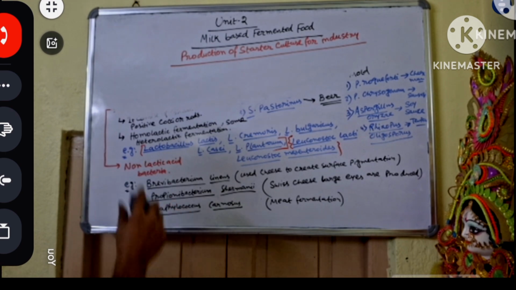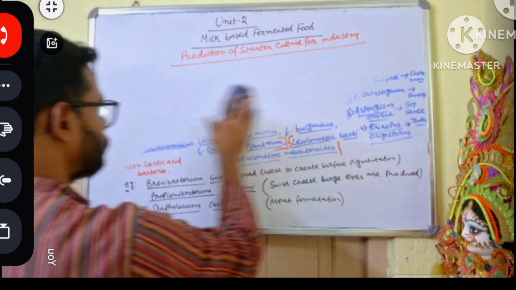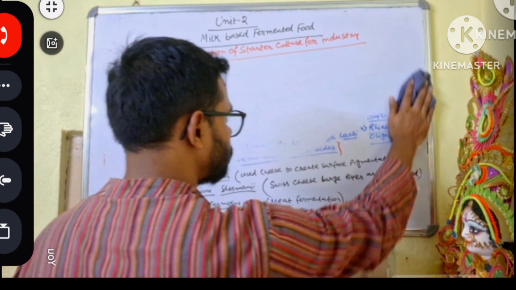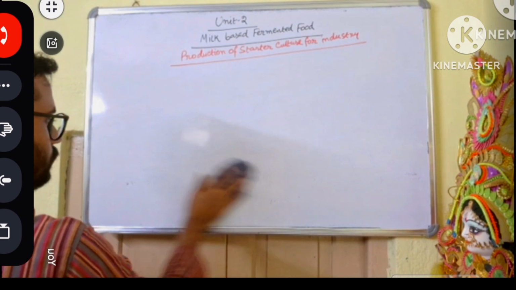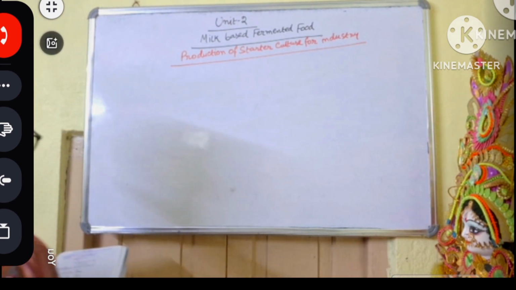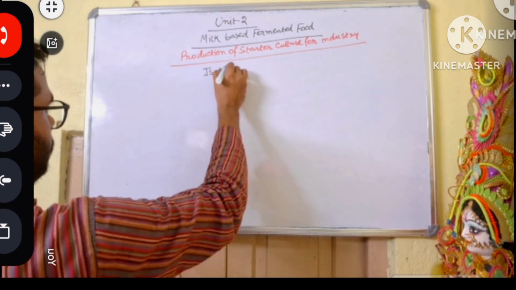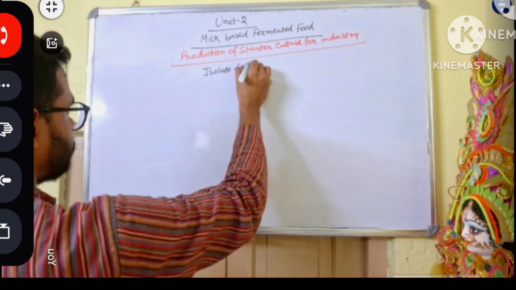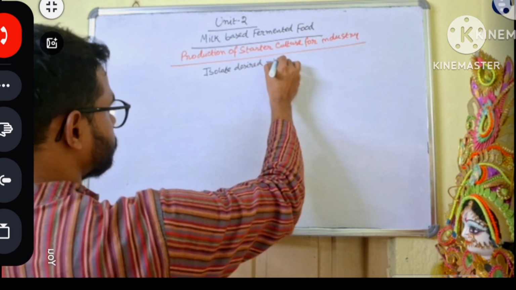A pure culture is created at industry scale. Start with the isolation: isolate the desired microbes.